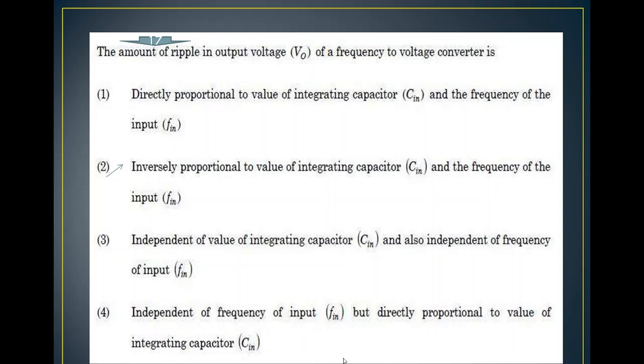Option third, independent of the value of integrating capacitor and also independent of frequency of input. Option 4, independent of frequency of input but directly proportional to the value of integrating capacitor. So, your correct option is second, that is the amount of ripple in the output voltage of frequency to voltage converter is inversely proportional to the value of integrating capacitor and the frequency of the input.